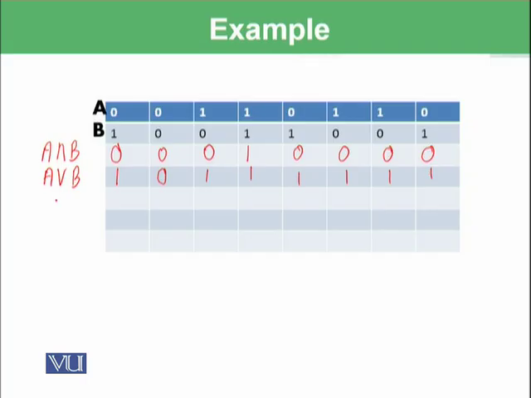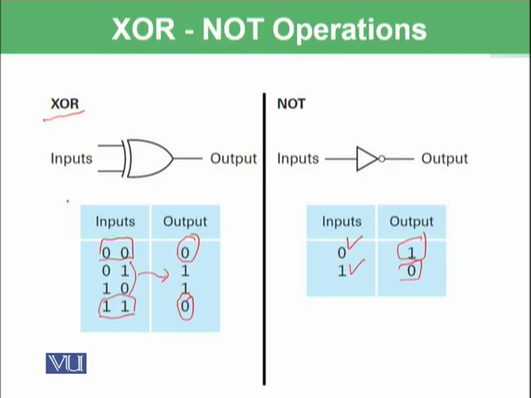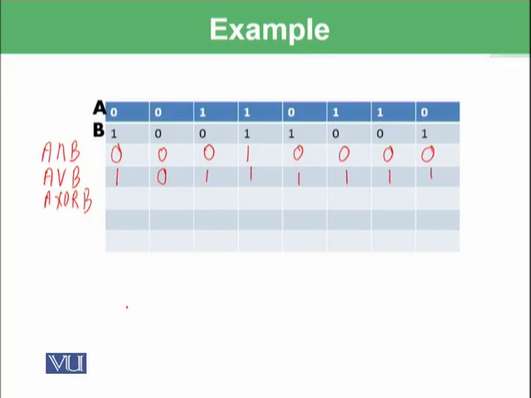And then if we want to perform A exclusive OR B, you have learned in exclusive OR that when both inputs are the same, it produces 0. So can you see where both inputs are the same? Here both inputs are the same, and none of the other inputs are the same. They are different, so it will produce 1 for all other inputs.